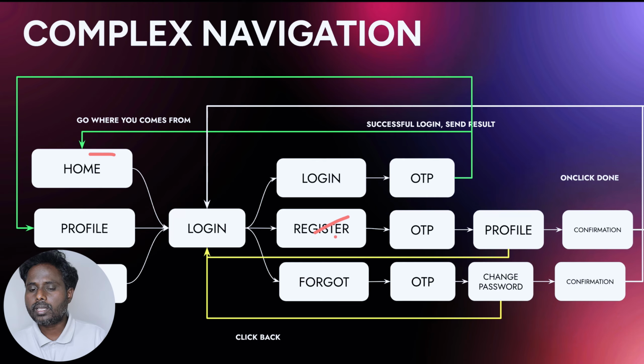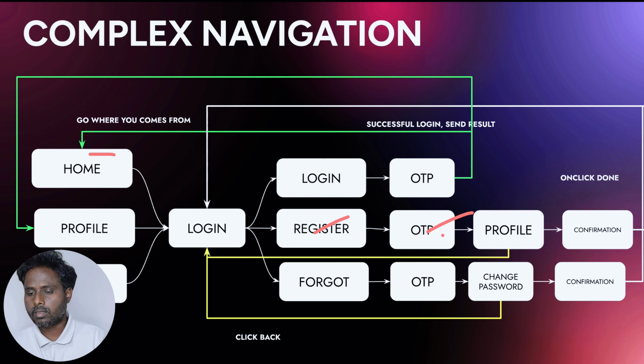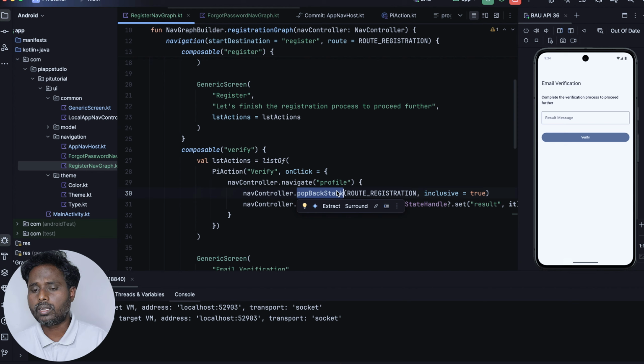That's why I'm saying, like, you are in the register, you are in the OTP, and if the user wants to click the back button from here, I just want to clear this stack. I don't want to show the register and OTP screens back to the user, right? That's why I'm saying navigation controller dot pop backstack.